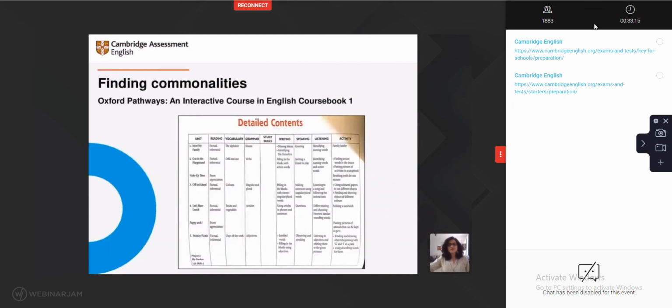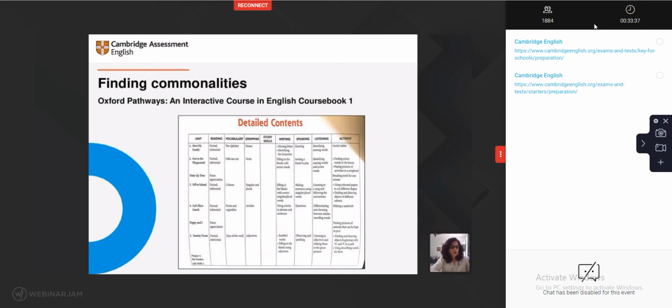Now, in front of you, I will present the detailed contents or the index of Oxford Pathways, which is an interactive course in English, and this is for grade 1 learners. This is a course book which many schools use, and I've just chosen it.